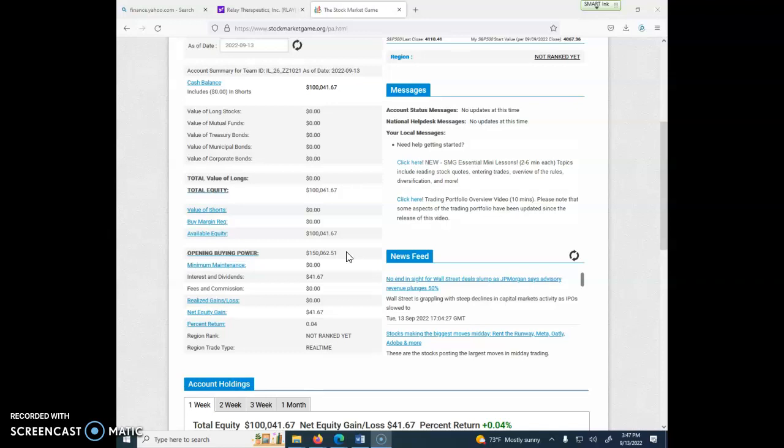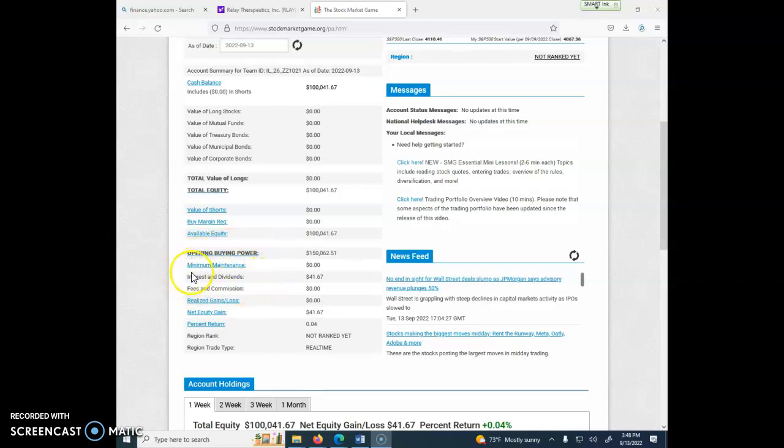Same thing here at the stock market game. The only reason you would ever want to borrow any money is if you're really, really certain that the stock that you're buying with that borrowed money is going to earn you a greater return than what the interest rate is. And I believe the interest rate right now is 7%. So I would want to make sure my stock is going to grow at least 7%.